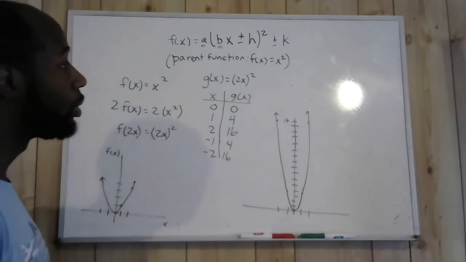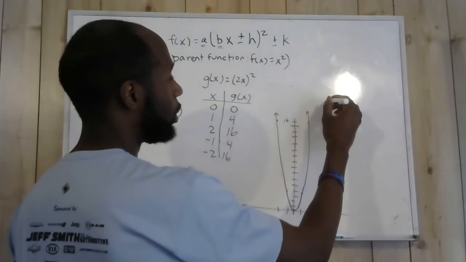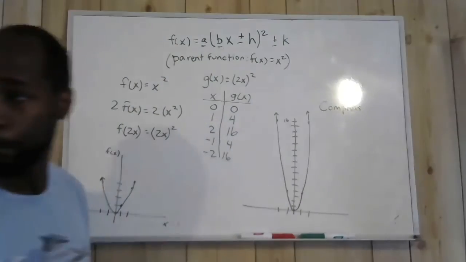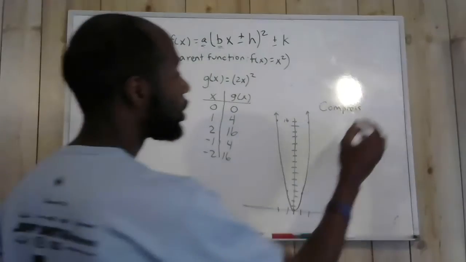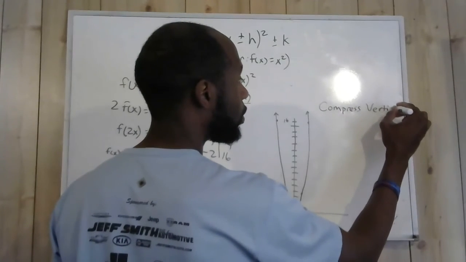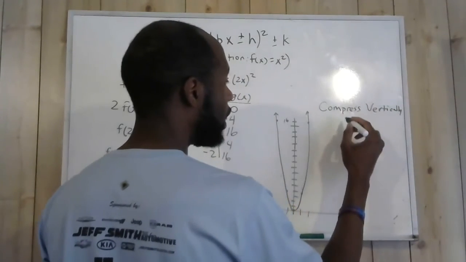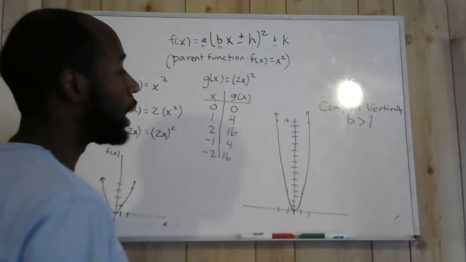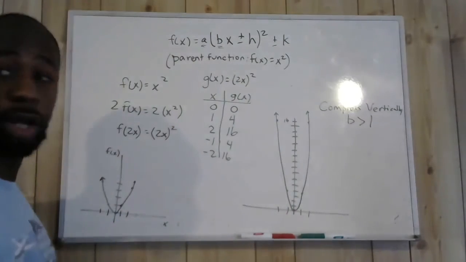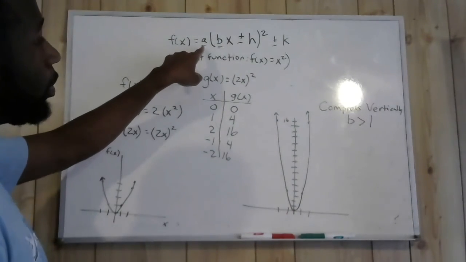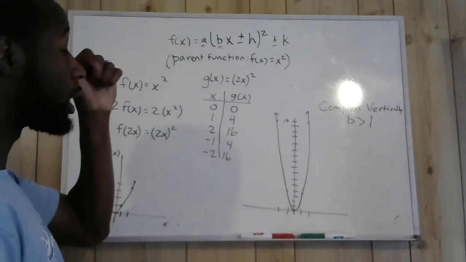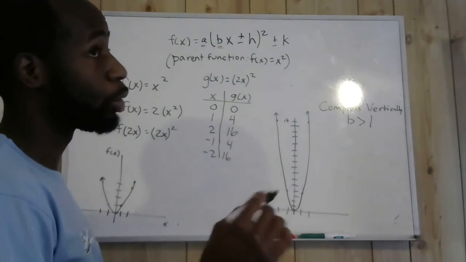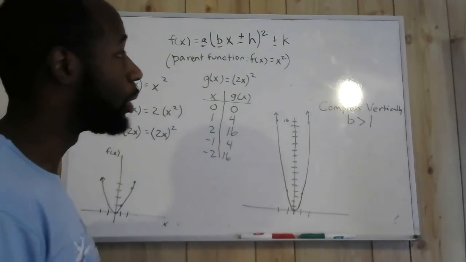We also saw that would compress it as well. Okay, so you can compress vertically when b is greater than 1. Okay, and then the same goes just like we talked about with the A constant, whenever it is between 0 and 1.